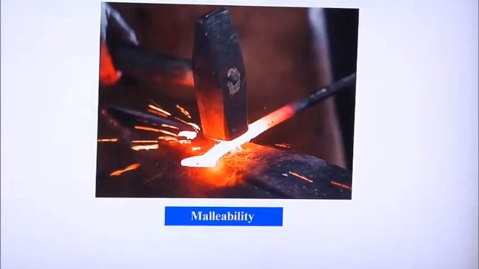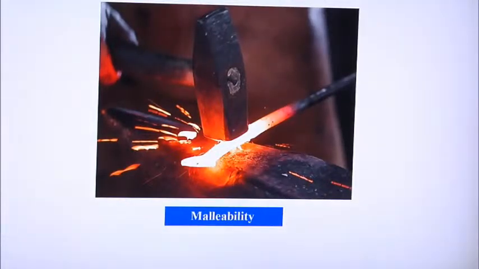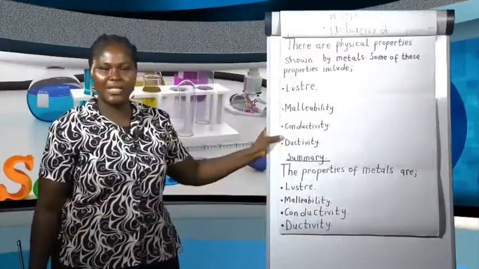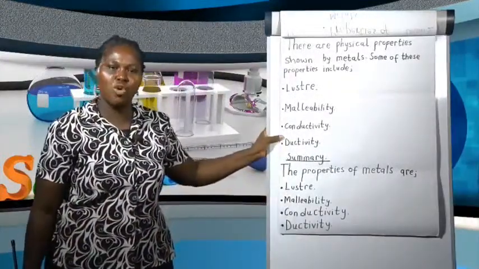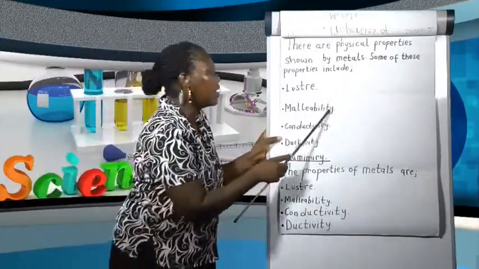Malleability. And it means the metals can be beaten, they can be shaped into another material. So when metals are put in fire, they become very soft, and you can beat it to make so many materials. And it is called malleability.